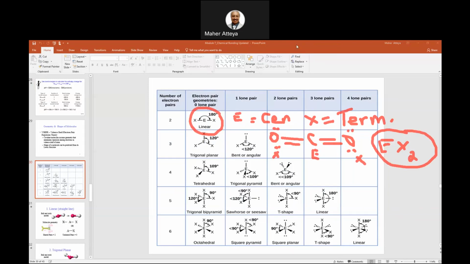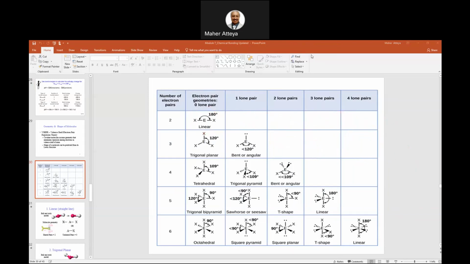So let me take this out and write it again. The code is E X. How many terminals do we have? How many edge atoms? 2. So no lone pair, correct?